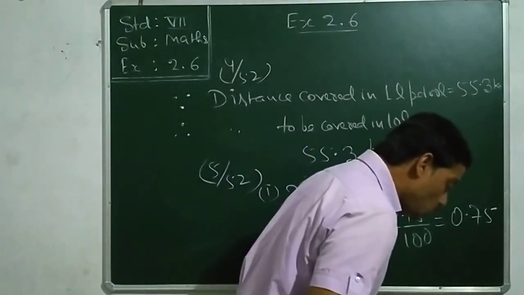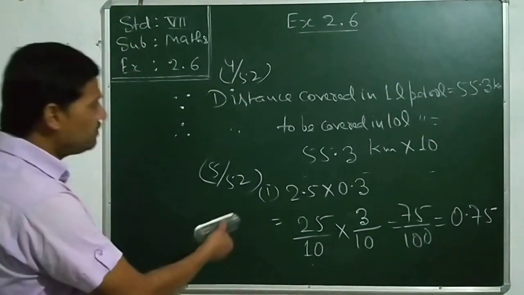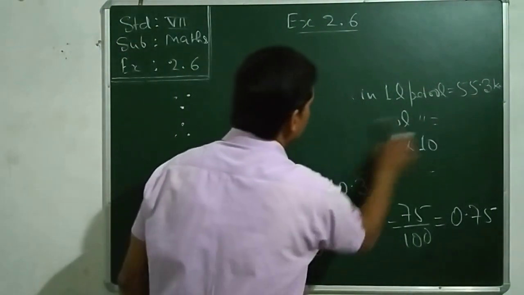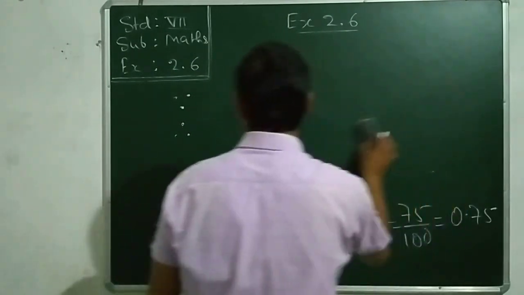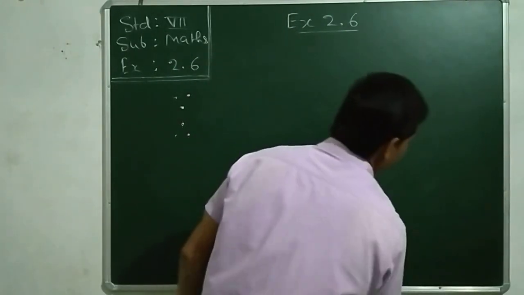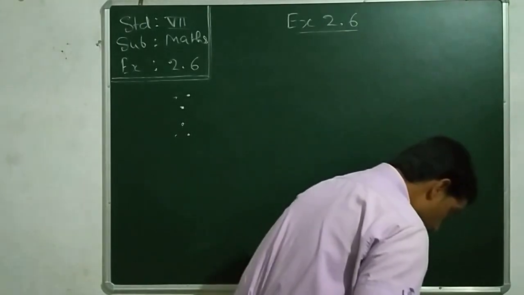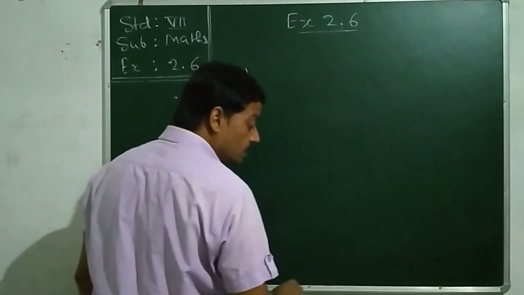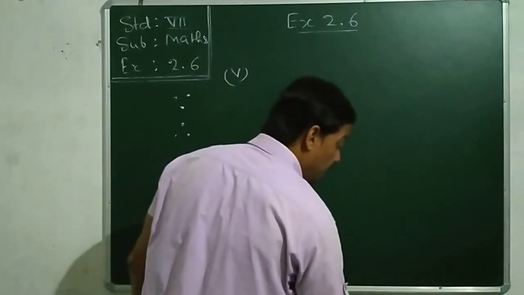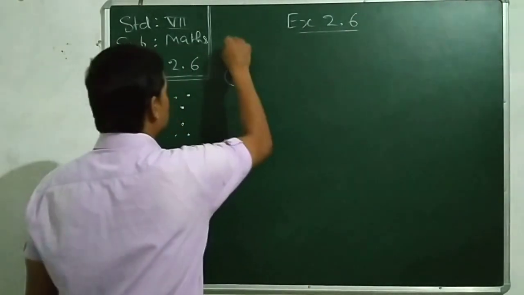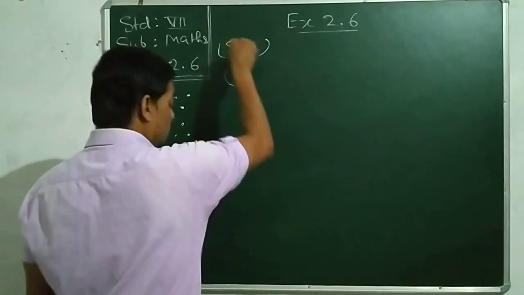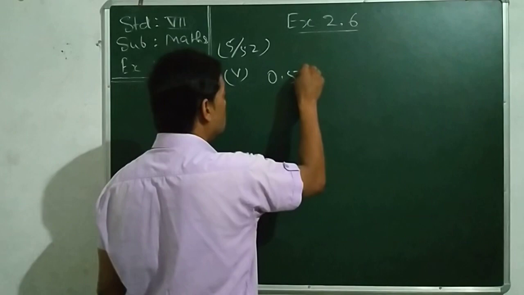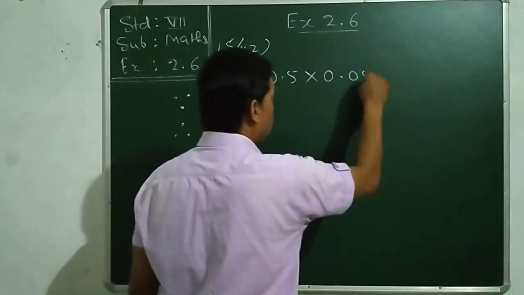If I try to show you one more sum, very similarly, see, in number 5 only, page number 52. The sum is 0.5 into 0.05.